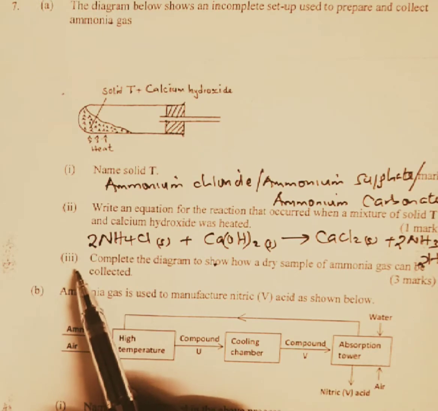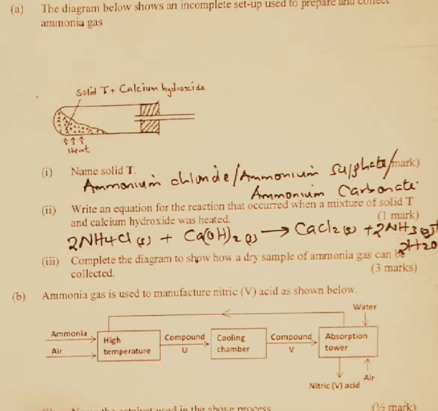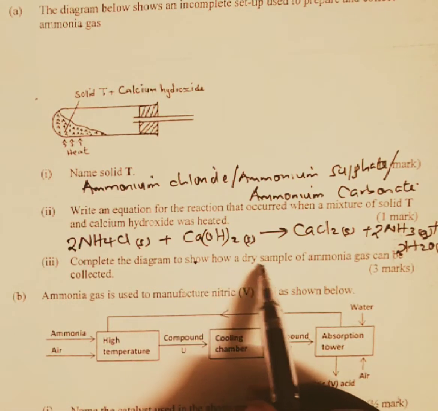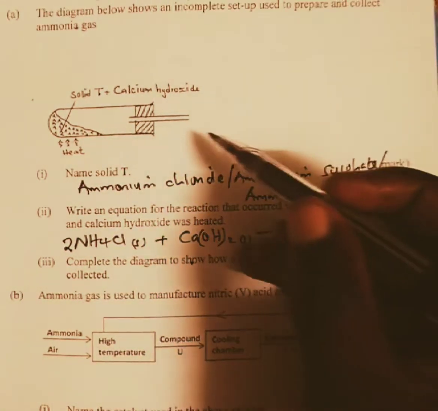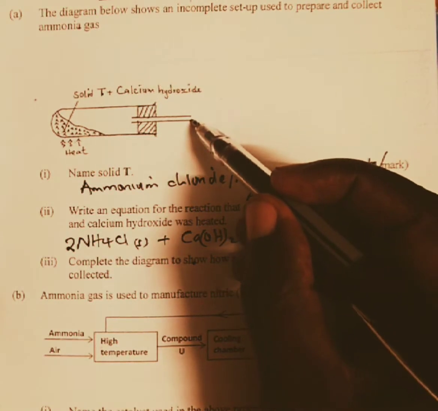Next, Roman 3, complete the diagram to show how dry sample of ammonia gas can be collected. We are going to complete the diagram as follows.